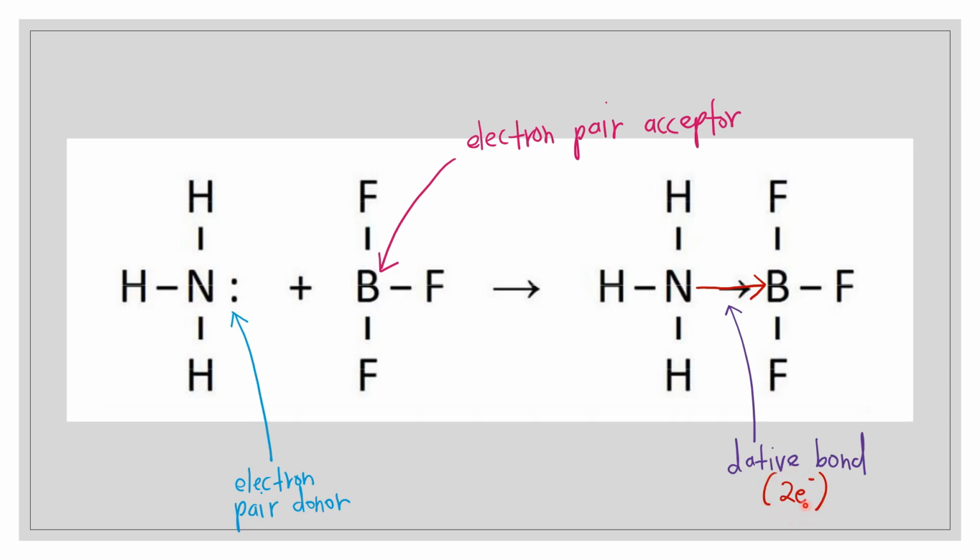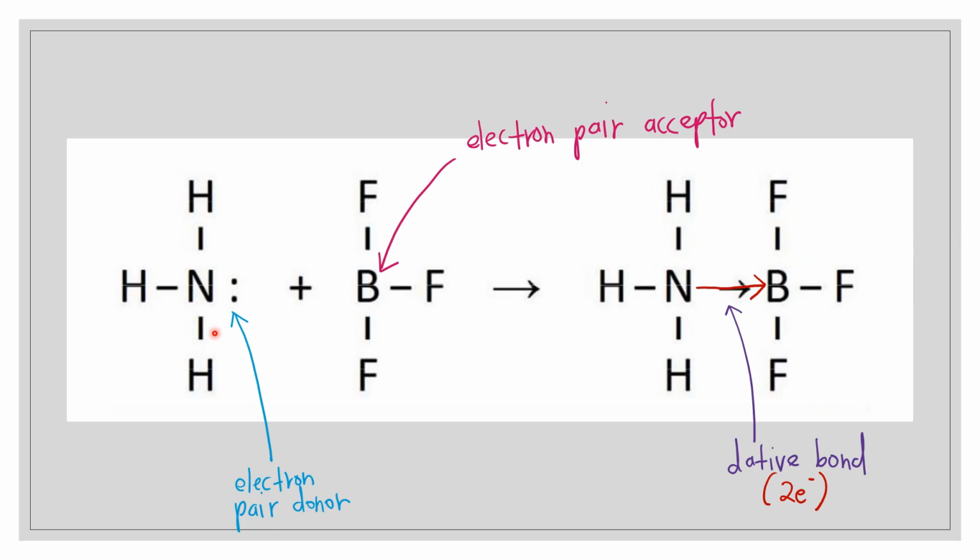Adakah from the sharing of electron daripada satu daripada boron, satu daripada nitrogen? The answer is no. This single bonding yang merujuk kepada dative bond ini datangnya, dua-dua elektron ini datangnya daripada nitrogen. Okay, so inilah uniknya dative covalent bond. Okay, kerana kedua-dua elektron comes from one atom sahaja. Okay, dan dikongsi bersama dengan atom yang mempunyai vacant orbital.